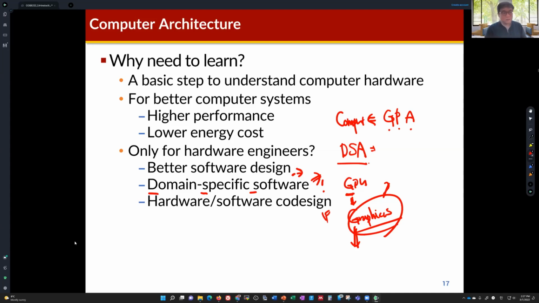So to maximize the performance of this system, hardware-software co-design is required. That's why we need to understand the hardware of the computer system, and why we need to learn computer architecture.